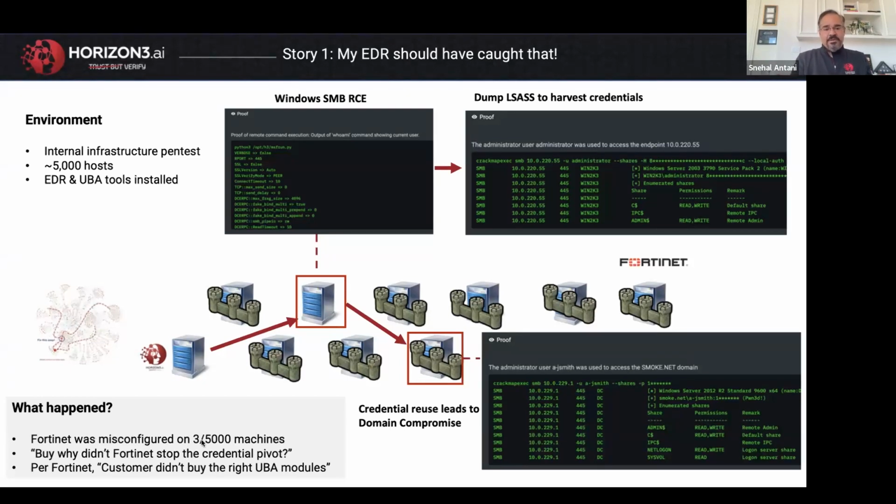The next big issue here is, why didn't Fortinet stop the credential pivot? Because all the marketing brochures and literature said it should have. And it turned out that this particular customer didn't purchase the right modules to do user behavior analytics detection and credential pivoting. That was an awkward conversation, but it's not something unique to Fortinet as a vendor.